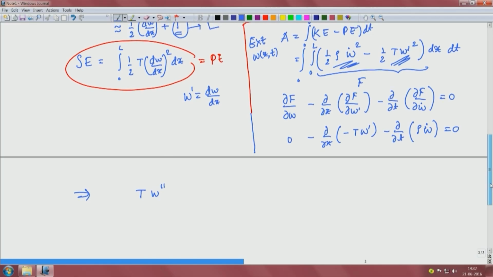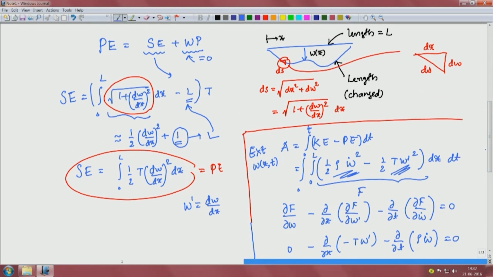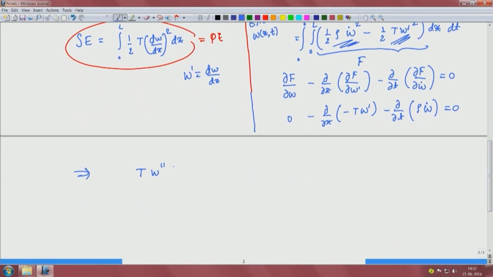Oh okay, I think the sign we forgot about one thing. We had strain energy that we have written W, and the T times the change in length, that is our strain energy. So, we have potential energy there minus, okay, seems fine, let us see, T w double prime, and then we have minus ρ w double dot equal to 0.